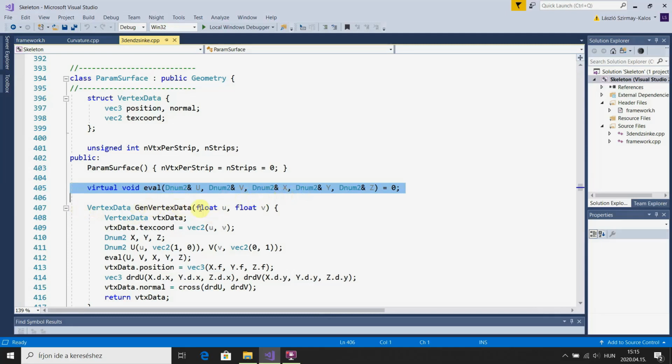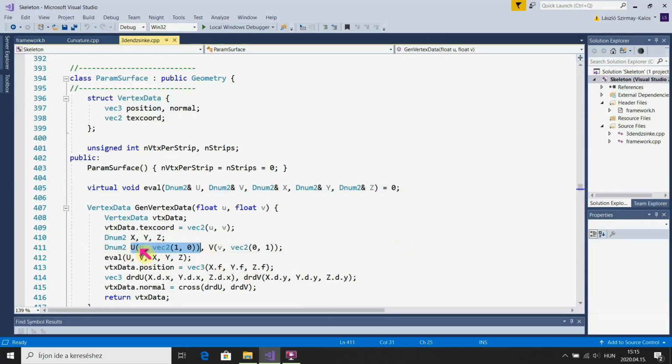Returning to the generate vertex data function, we define the yet unknown x, y, z Cartesian coordinates together with the derivatives as dual numbers. u is going to be the first derivation variable.